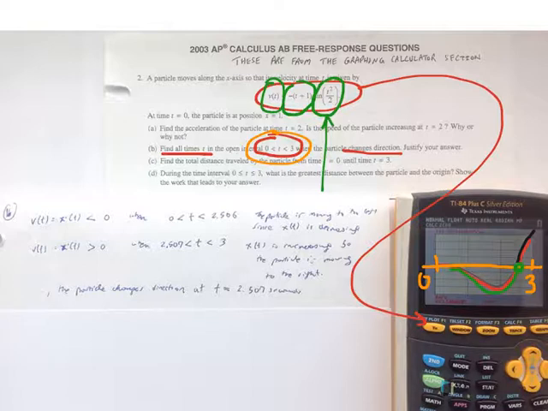And how can we find that? We can use our calculator. The way you do that is you do second, calculate, zero, and then the calculator will ask you for a left bound and a right bound. So you're going to use your left and right arrows to move the cursor. Choose your left bound, press enter. Choose your right bound, press enter. It will ask you for a guess. Again, use your arrow keys to move the cursor to about where you see the x-intercept and press enter.